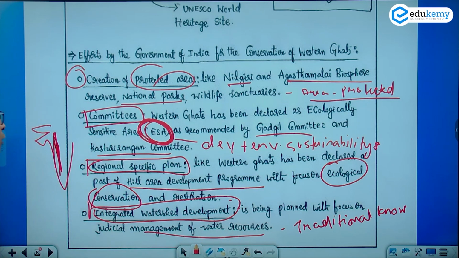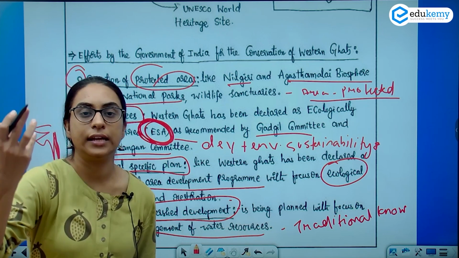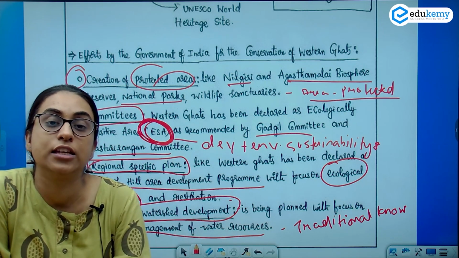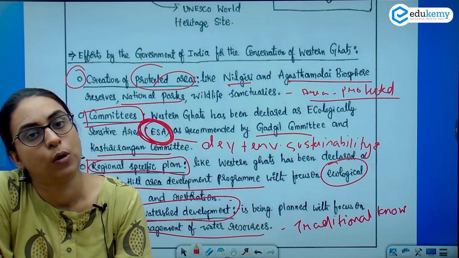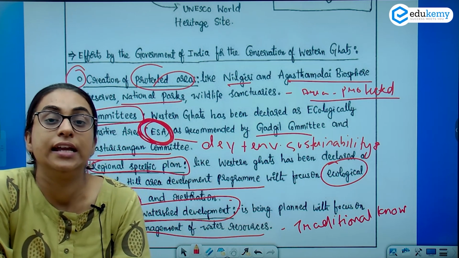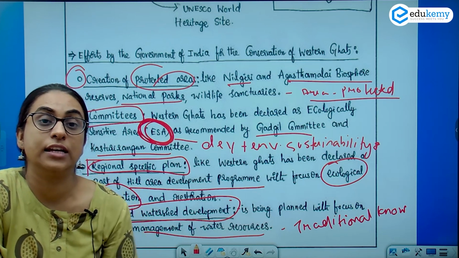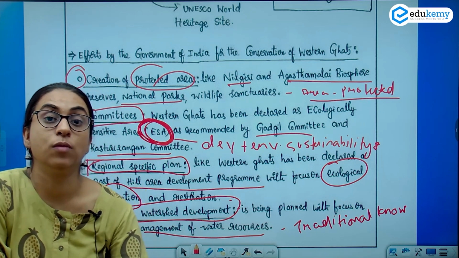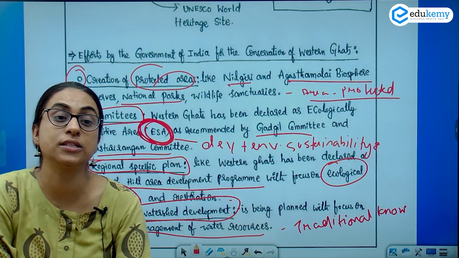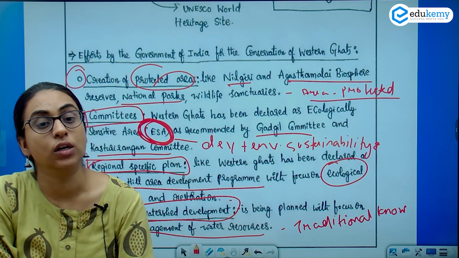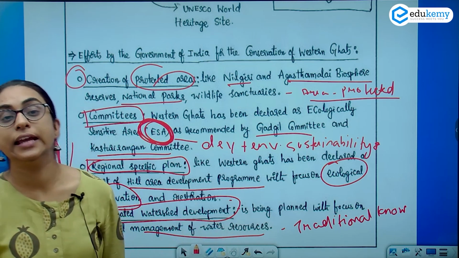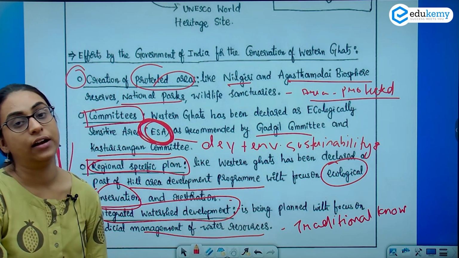So what has the Government of India done? It has conserved the forests because they have retained ESAs. It has maintained sustainability because they have protected areas. It has controlled the water resources, preventing too much exploitation because of the watershed. There are regional specific plans also, like hill area development and tribal area development.